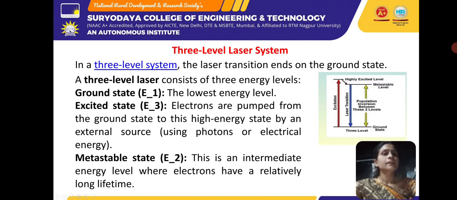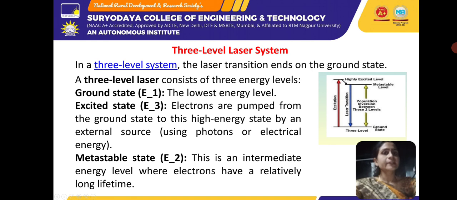Then we will discuss the three level laser system. First we discuss three level, and after that we will discuss the four level laser system. In a three level system, as the name indicates, there are three levels, that is E1, E2, E3.